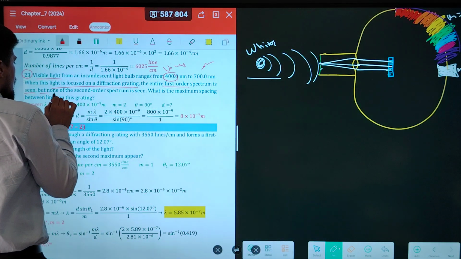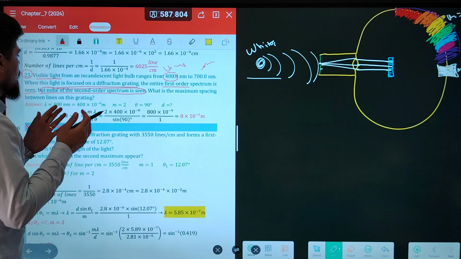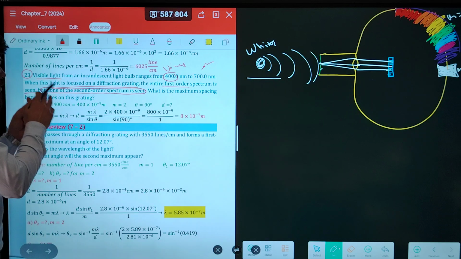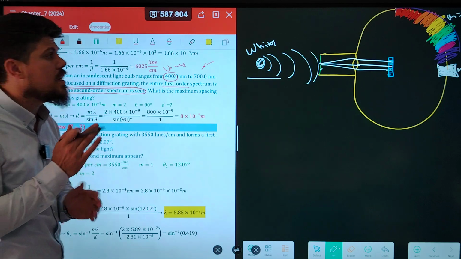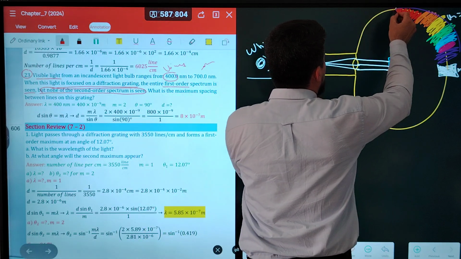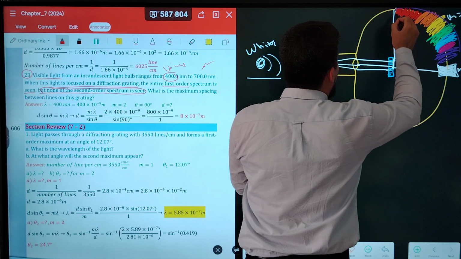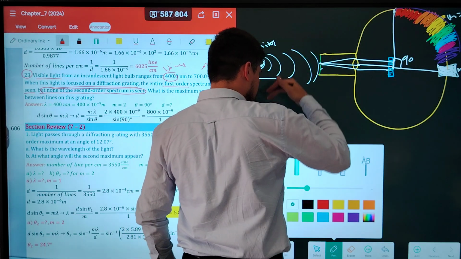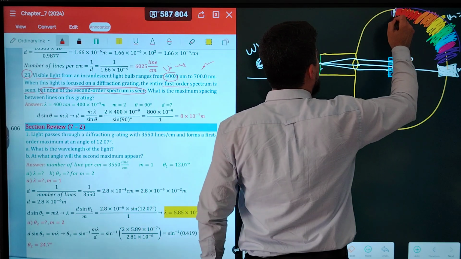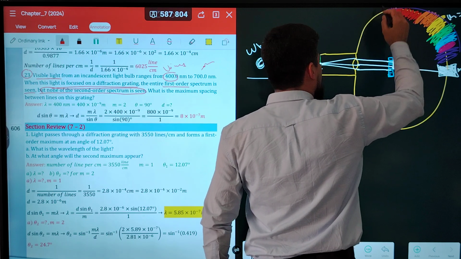But none of the second order spectrum is seen. What do you mean by this statement? When the question says none of the second order spectrum is seen, it means the second spectrum is located after this 90 degrees. This angle is 90. So the second spectrum is located here, starting from violet.